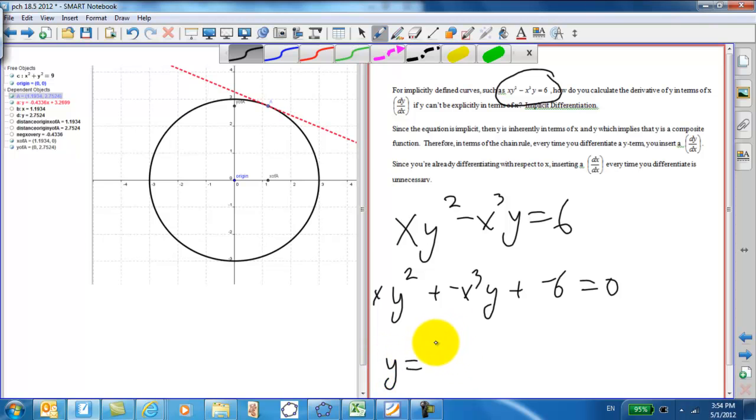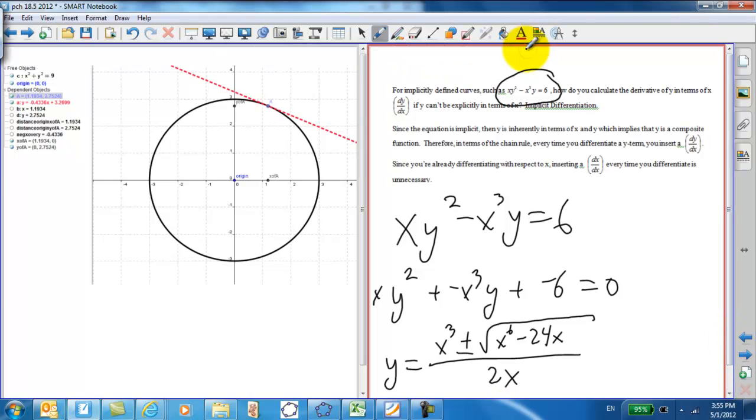The opposite of b, so that's x cubed plus or minus the square root of b squared, so that's x to the 6 minus 4ac, so it's minus 24, a which is x, times c which is negative 6, all over twice a, 2x. Well, be my guest, that is a bear to take the derivative of.